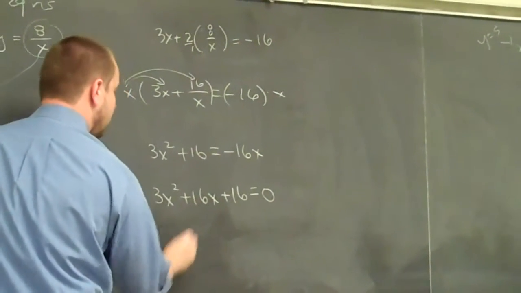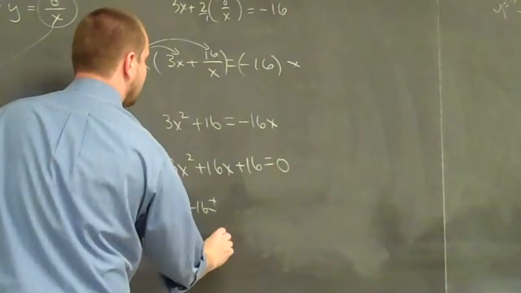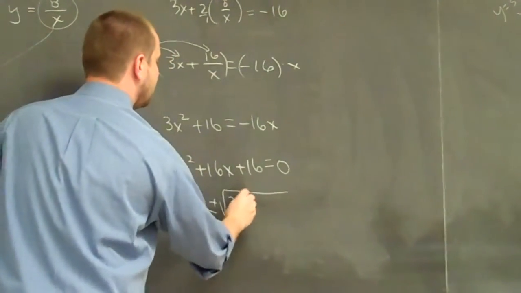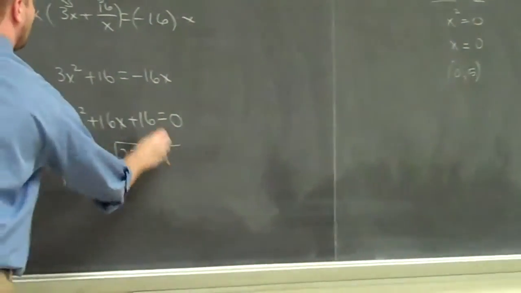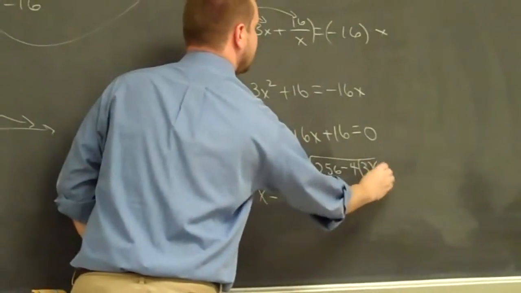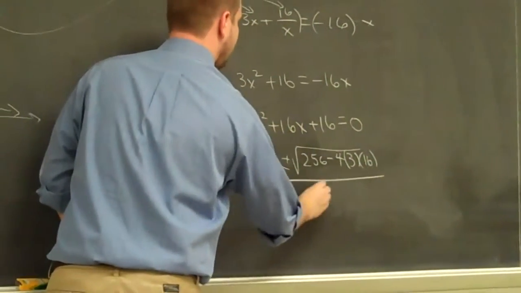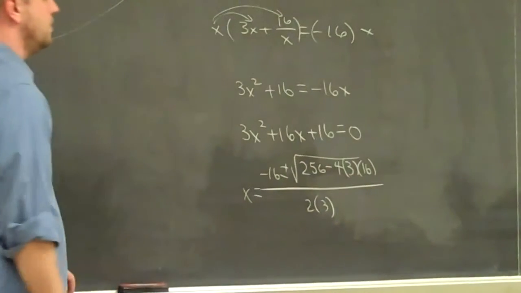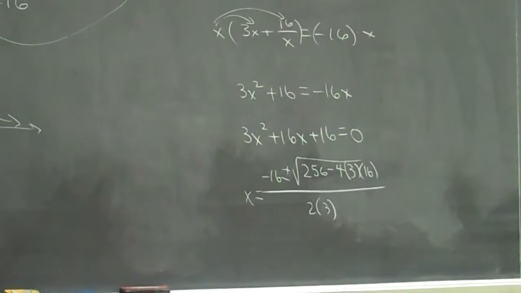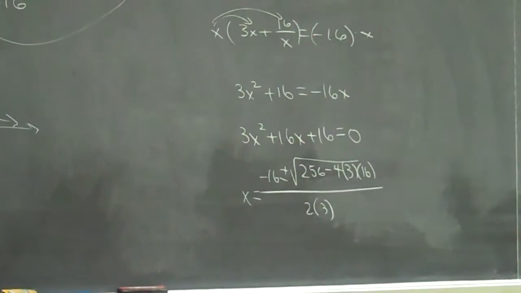So x is going to equal negative 16 plus or minus the square root of 16 squared is 256 minus 4 times 3 times 16, all divided by 2 times 3. Oh man, what's 12 times 16? 192.